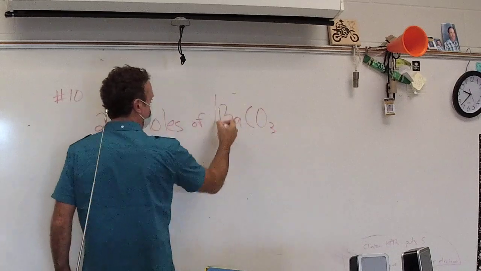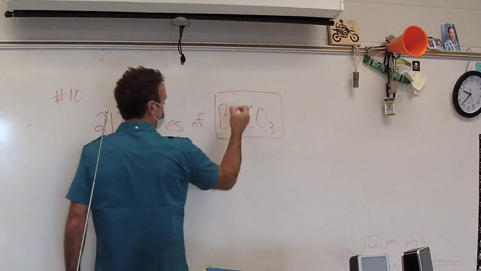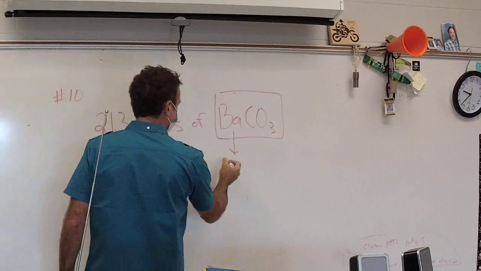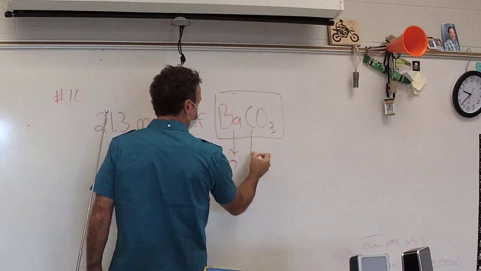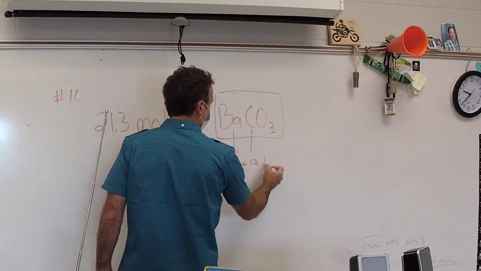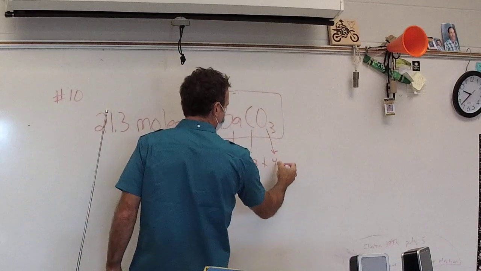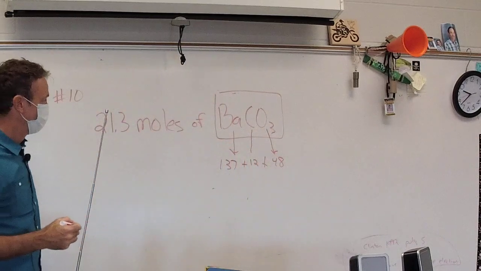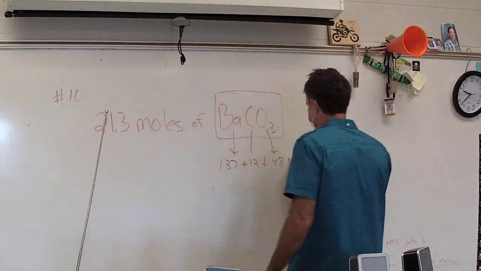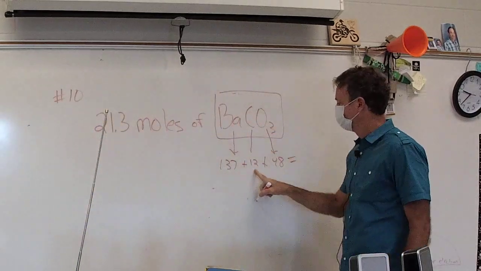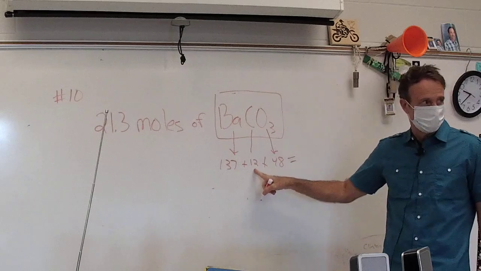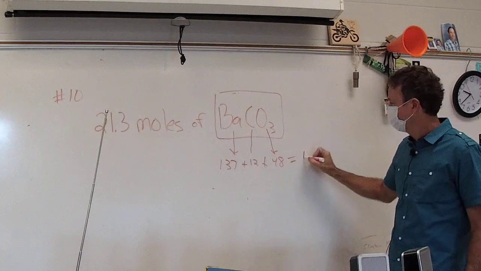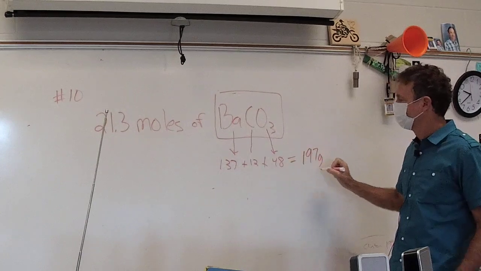All right, let's figure out how much barium carbonate would weigh. Barium itself has a mass of 137. That carbon right there weighs 12, and 3 oxygens would weigh 48. I just did 16 times 3 for those of you at home. Okay? 137 plus 12 is 149. 149 plus 48 is, what's that, 197? 197 grams.